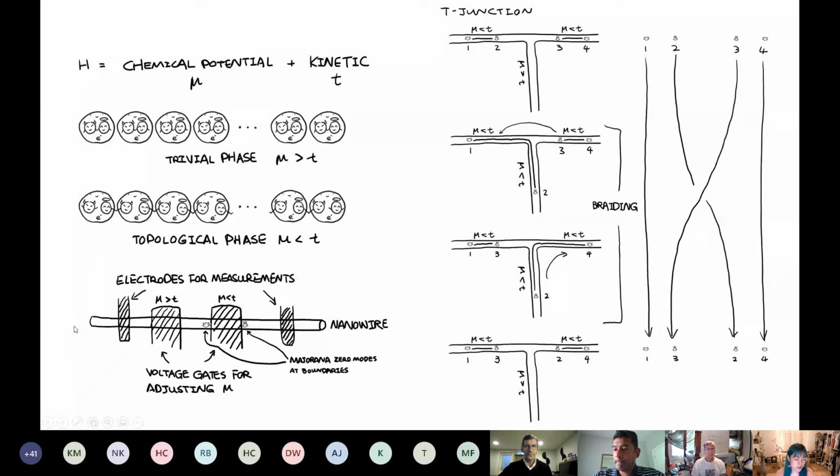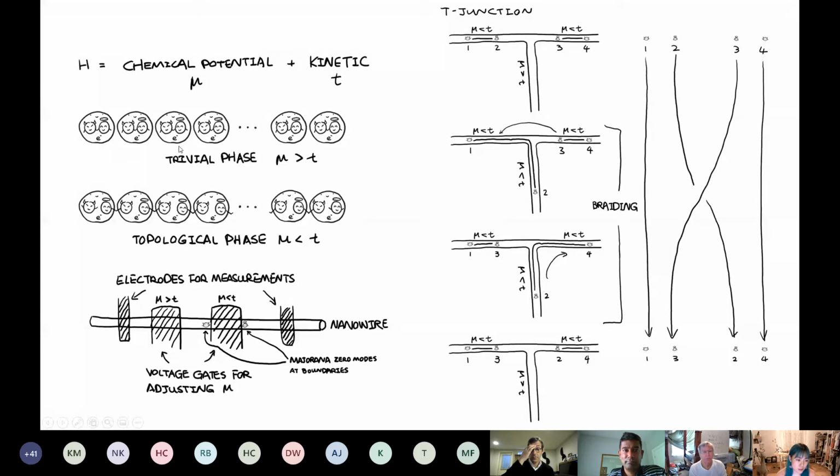Like I showed earlier in the picture, you can have a nanowire and you can apply gates to it. Turns out if you look at the Hamiltonian for your system, you will have a chemical potential term and a kinetic energy term. You can control the chemical potential by applying different gate voltages. So you could apply some voltage to put your nanowire in a trivial state where your chemical potential is dominating over the kinetic term.